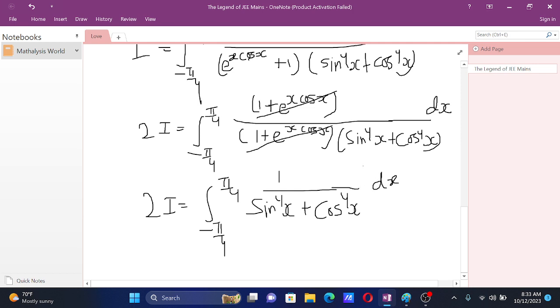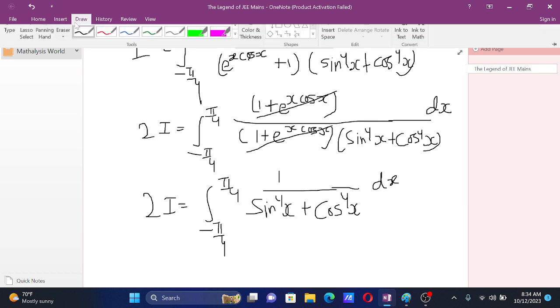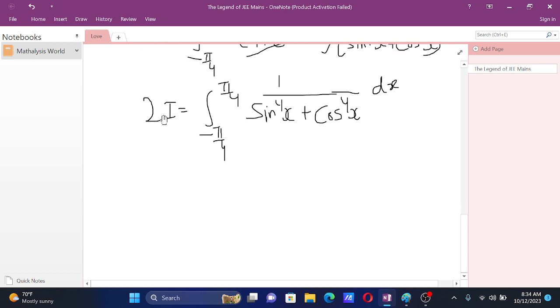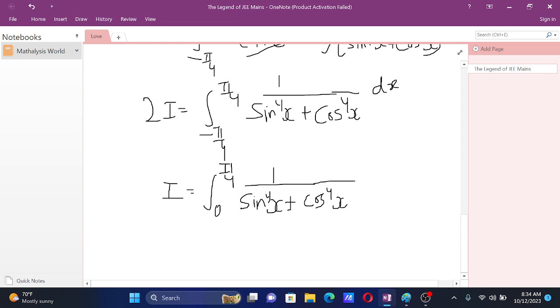Now since this is an even function, we can just change these limits of integration into 2 times integral from 0 to pi by 4. So that will help us cancel the 2 over here, and we get I equals to integral from 0 to pi by 4, 1 over sine to the power 4x plus cos to the power 4x dx.